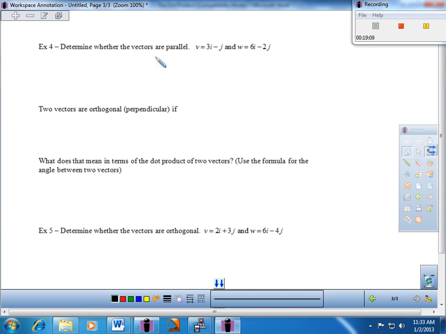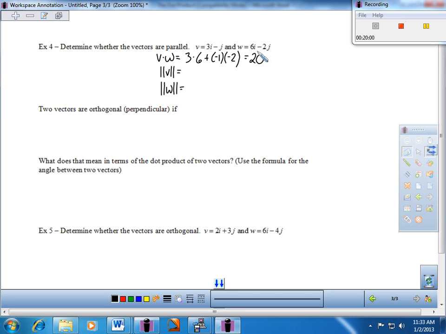One more time, I need the dot product, the magnitude of v, and the magnitude of w. Dot product, now probably the third or fourth time looking at it: I have 3 times 6, plus in the middle, -1 times -2. So I have 18 and 2. I'm getting a 20 on that one, everybody.